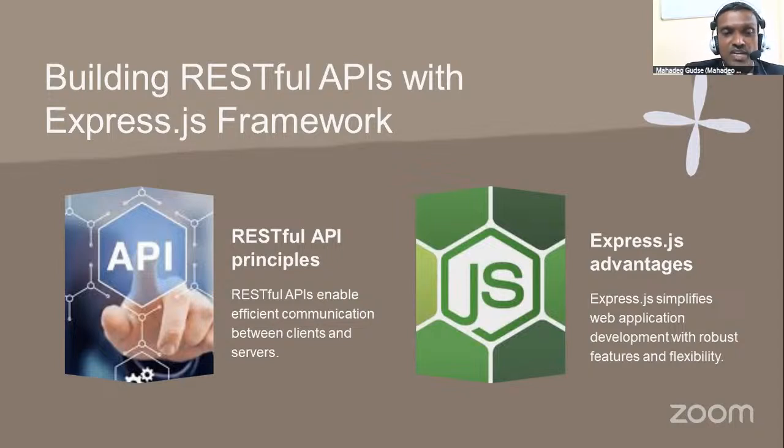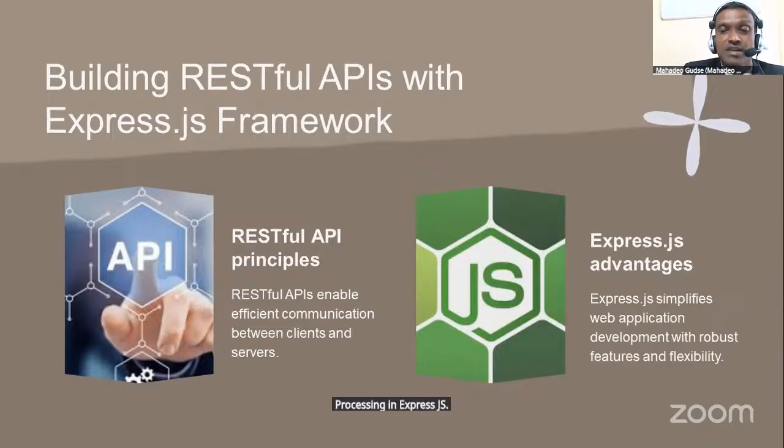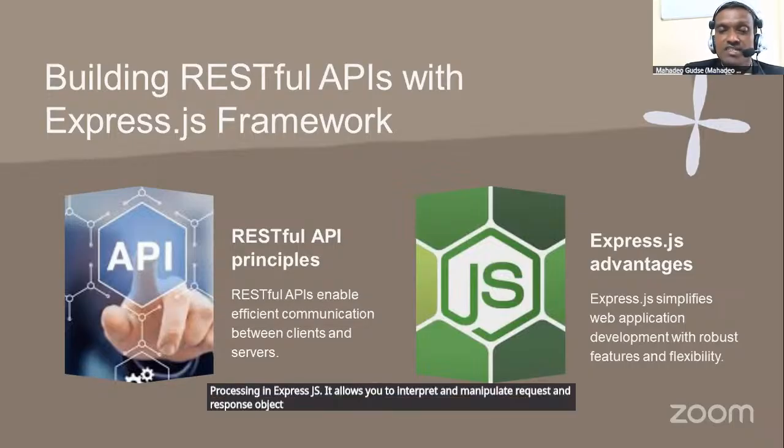It has powerful middleware support. Extensible request handling: middleware functions form a very vital backbone of request processing in ExpressJS. It allows you to interpret and manipulate request and response objects at various stages of a request life cycle.